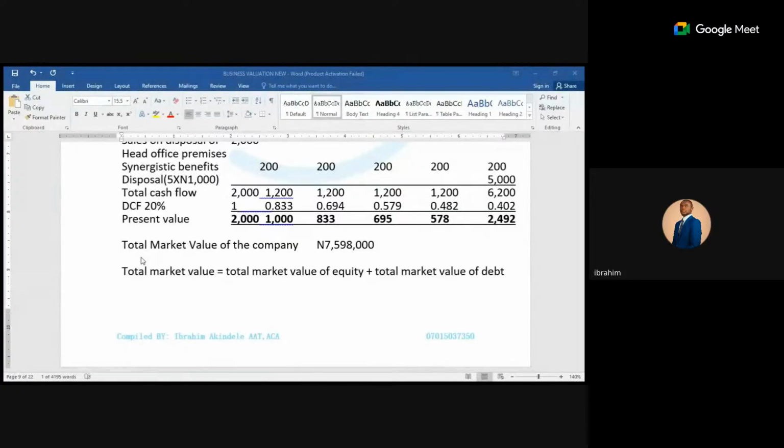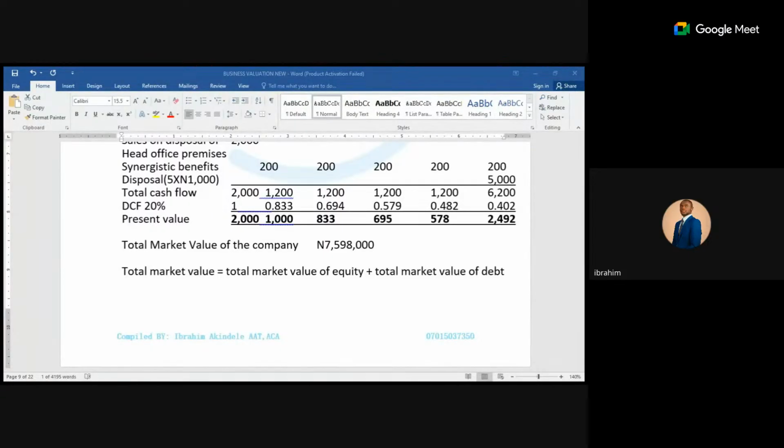But when you're given the weighted average cost of capital, it includes equity and debt, meaning that the total market value of the company you calculate includes both equity and debt. So you need to get the market value of equity.